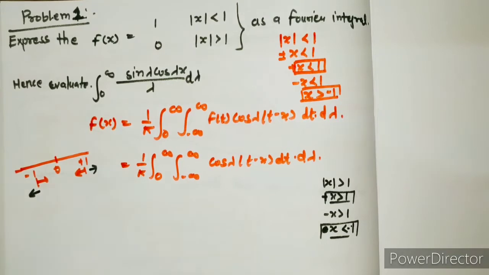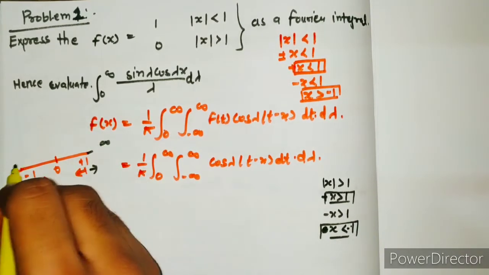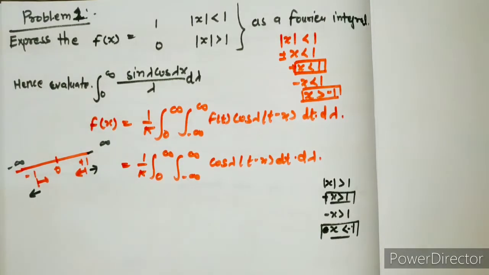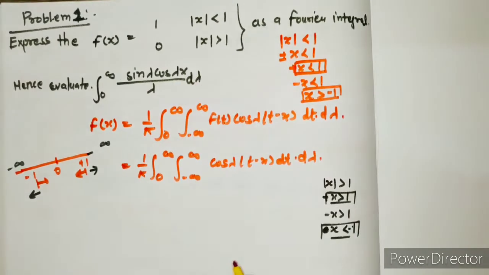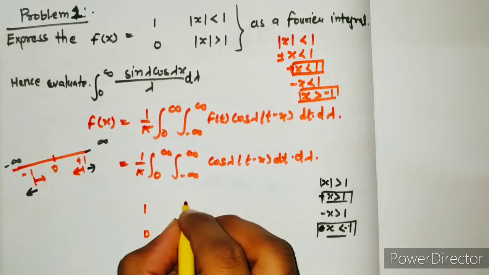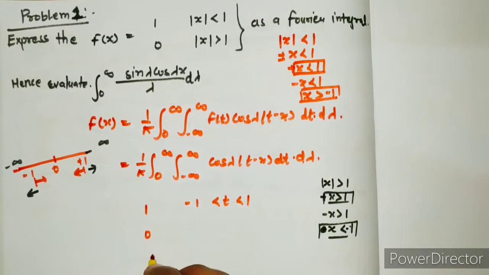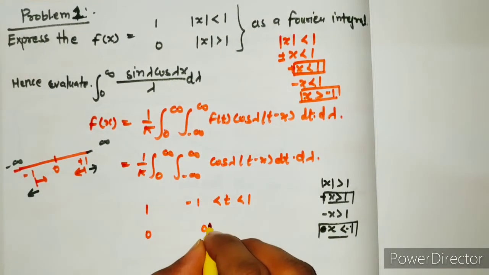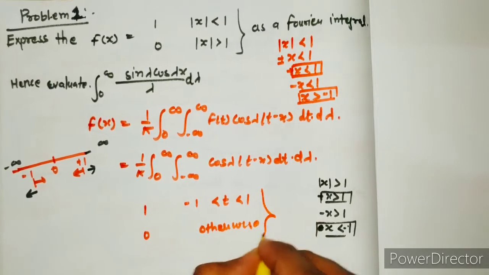This is our limit for this form, and from infinity to minus infinity this term does not exist. When I consider this, the limit is 1 and 0. So the whole term is 1 in one case, and otherwise the whole term is 0. This is our basic concept.